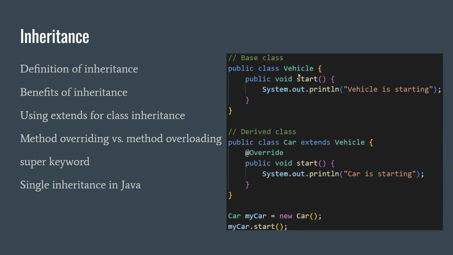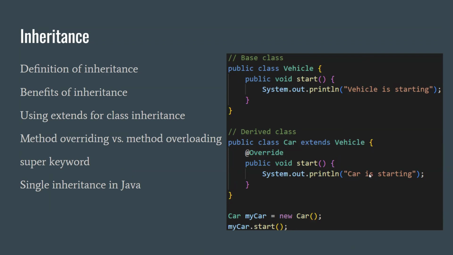So if we look at this example, we have this vehicle class, and this vehicle class is a base class that defines a start method. And we have this car class that extends vehicle. Since we are using the extends keyword, it means that the car class is inheriting the vehicle class's methods and overrides the start method to provide specific implementation for a car.